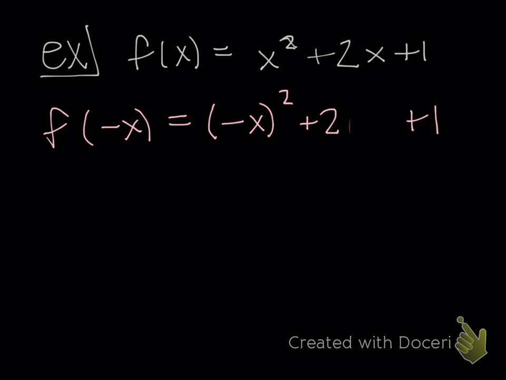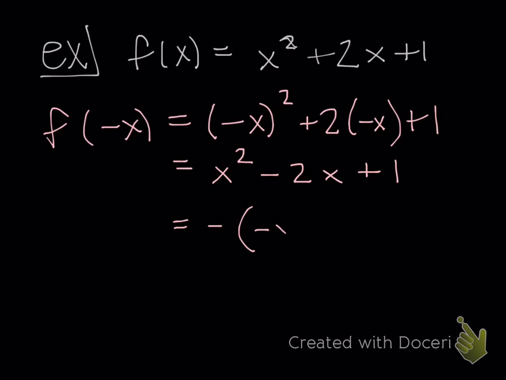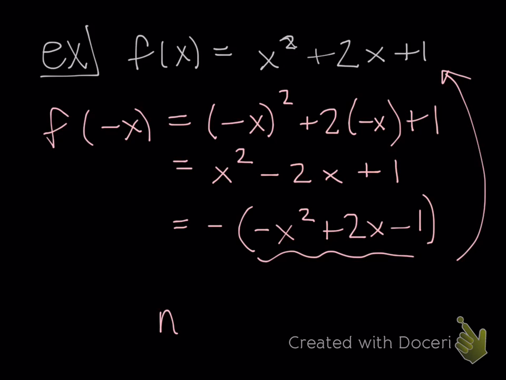This got a little sloppy, sorry. Alright, so negative x times the negative x is a positive x squared. The middle term will become a negative 2x, and the 1 remains unchanged. So notice all of my signs are not exactly the same. If I factored out that negative, I would have a negative x squared plus 2x minus 1. And notice that this piece isn't the same as the original either, so we would say that this is neither.